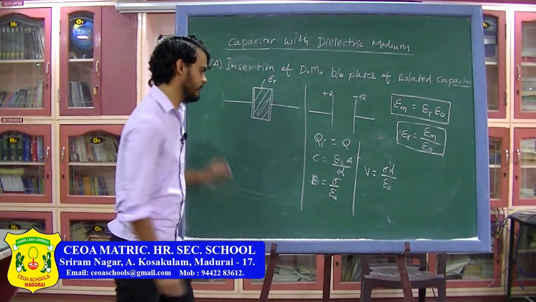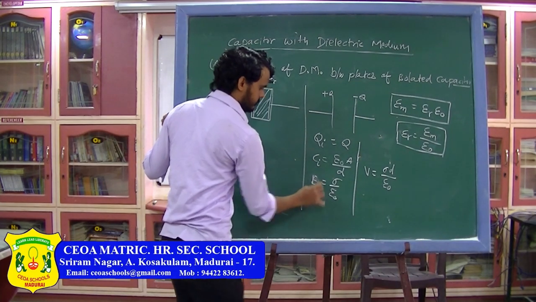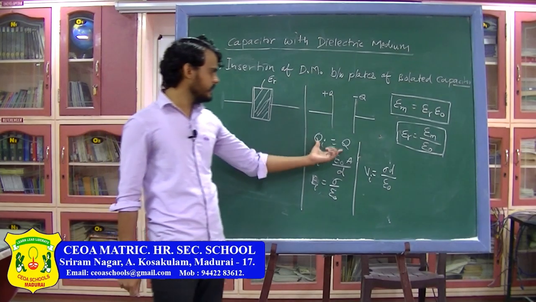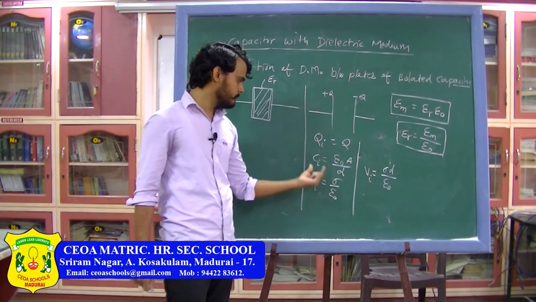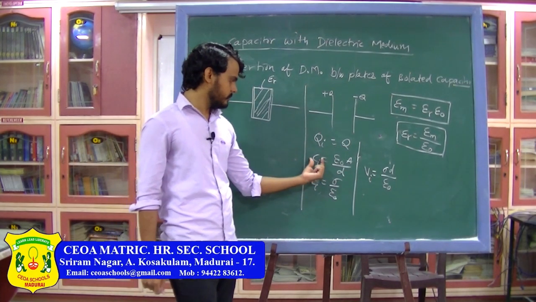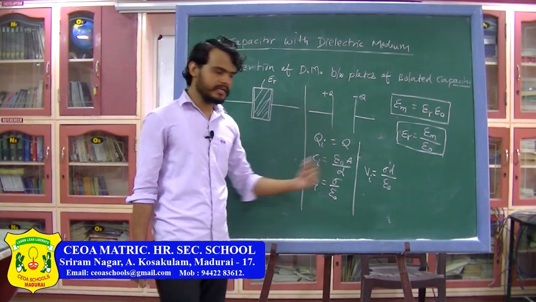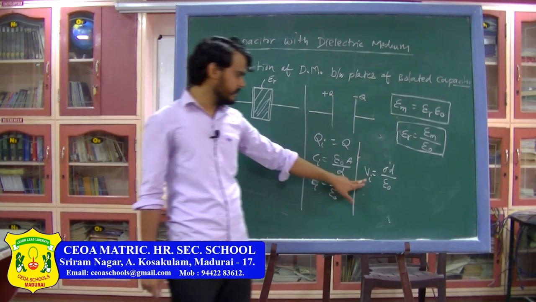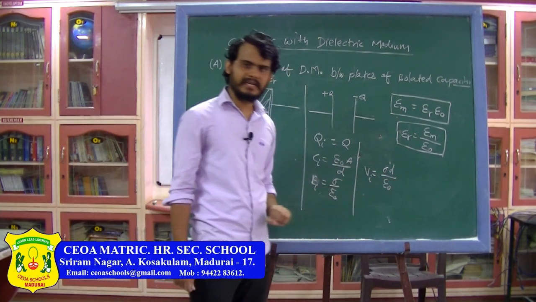So this is the initial situation. Initially the charge on the capacitor is Q, capacitance is epsilon naught A divided by D, the electric field between the capacitor plates is sigma by epsilon naught, and the potential between the plates is sigma D divided by epsilon naught.